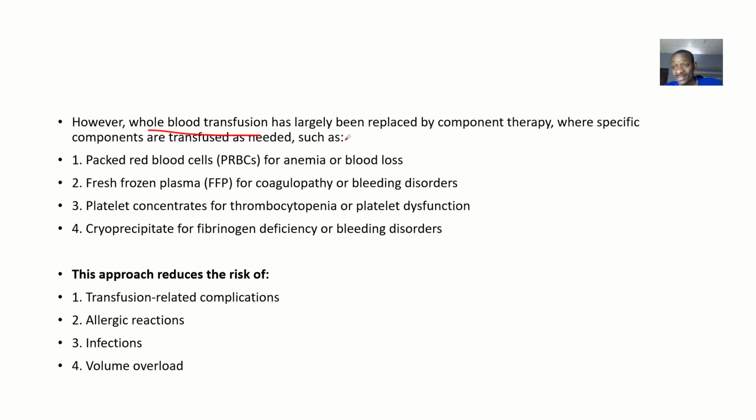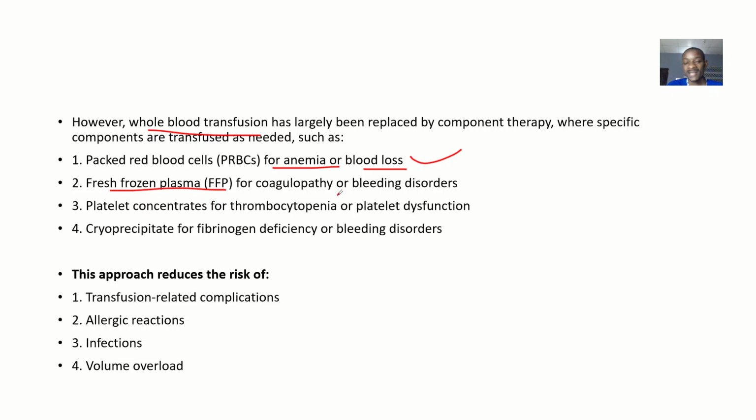That's in developed centers. This is where you transfuse only the specific components that the patient needs. If the patient needs red blood cells, maybe they are anemic or they lost some blood, you give packed red cells and you transfuse. If they need only plasma, you give fresh frozen plasma.